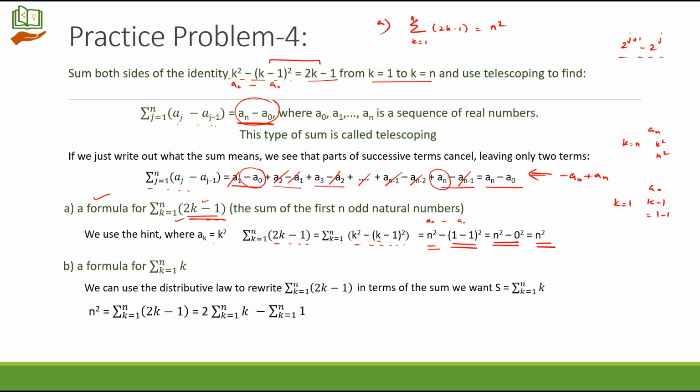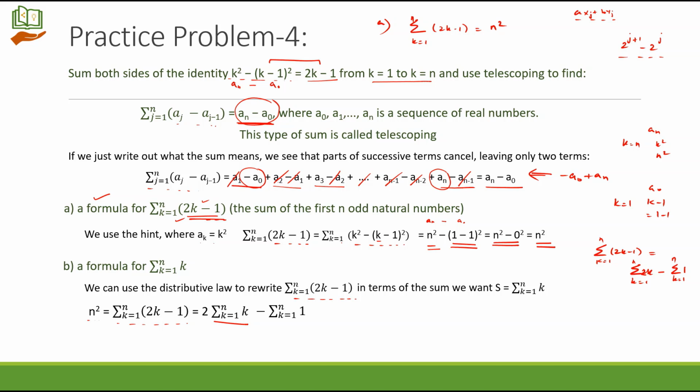We saw something like ax_j plus by_j. N square is equal to this particular equation. We have found it from A. Summation of k is equal to 1 to n 2k minus 1 can be written as summation of k is equal to 1 to n 2k minus summation of k is equal to 1 to n 1.